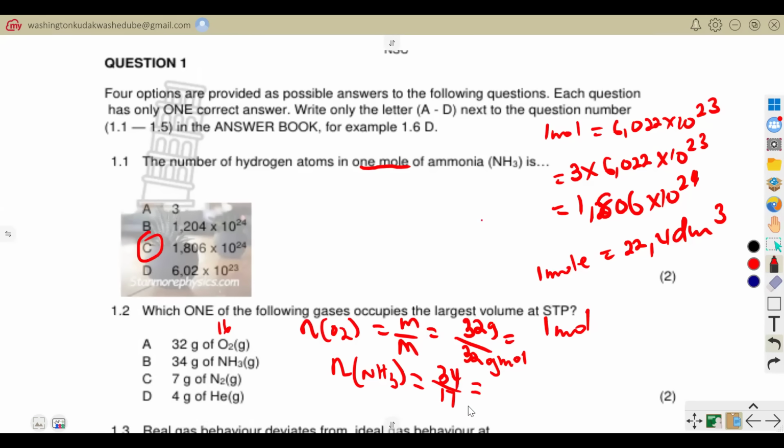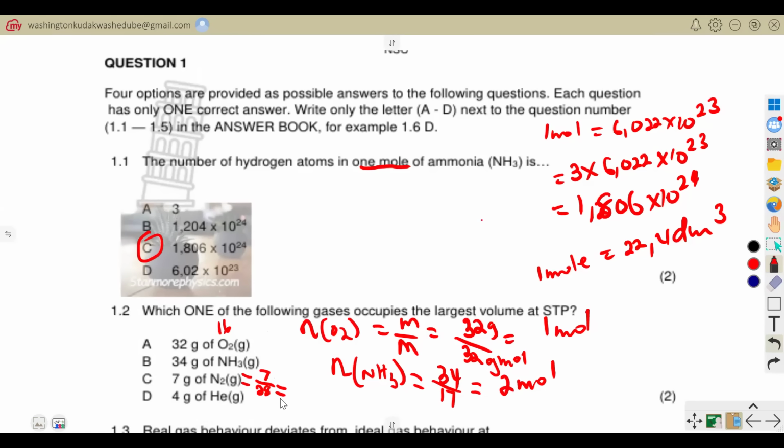So it will be 34 divided by 17. This one was going to give you 2 moles. And then for nitrogen, that will be 7 divided by 14 times 2. So this one was going to be 7 divided by 28. So this one, 7 divided by 28, was going to be less than 1.